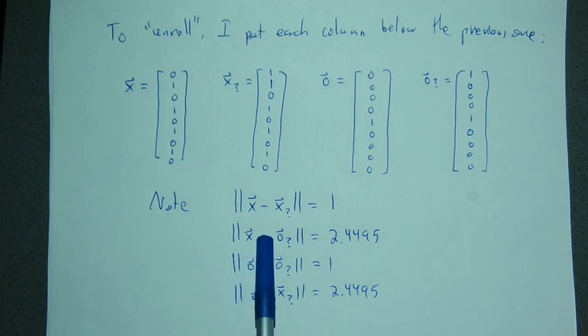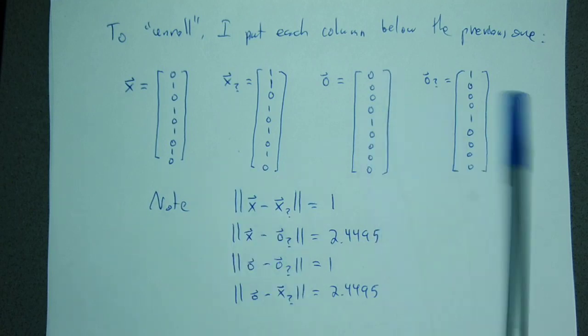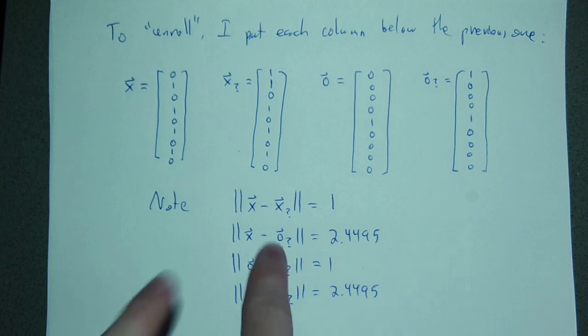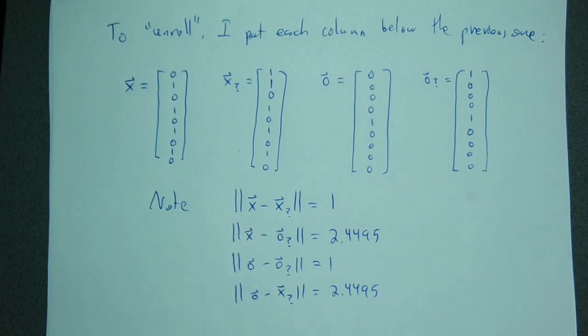So a couple of things to note from this quick computation. Just from reading off these distances, intuitively, what is this saying? This is saying that questionable X is closer to X than it is to O, and vice versa. So the proposed X's, the actual X and my questionable X, are closer to each other, just like the O's are closer to each other than they are to the other letter.